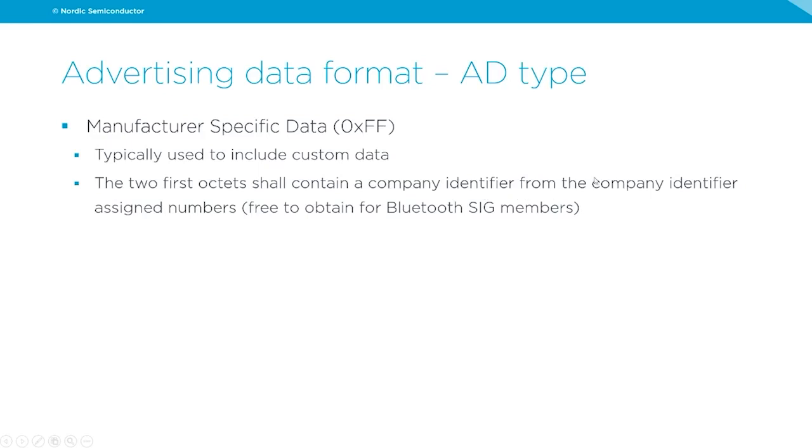It is from the list of company identifier assigned numbers, and is free to obtain as a Bluetooth SIG member. So if you join Bluetooth SIG, you can obtain your own 2 byte company identifier to be used here.